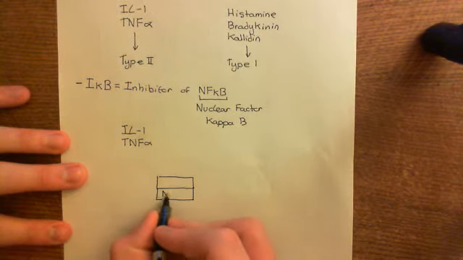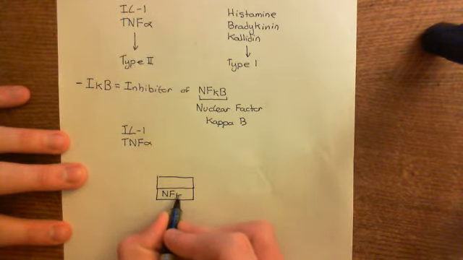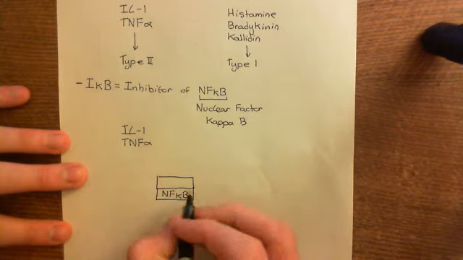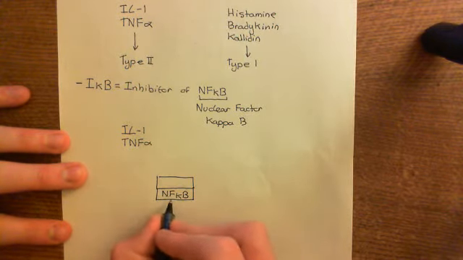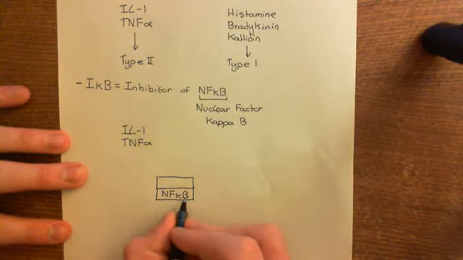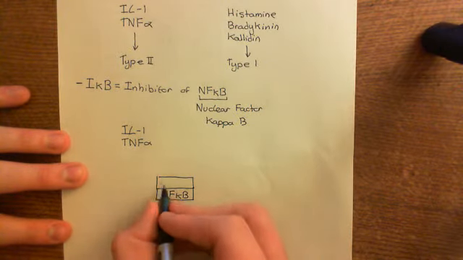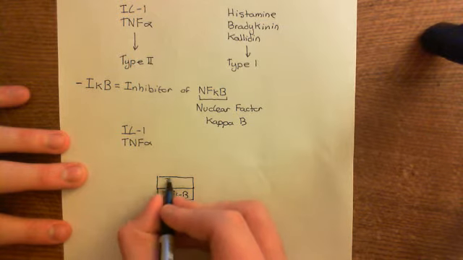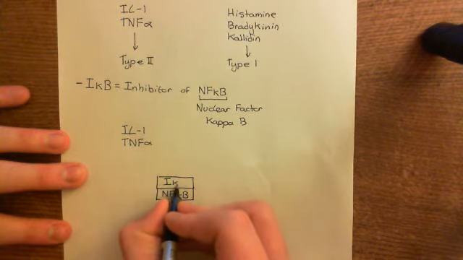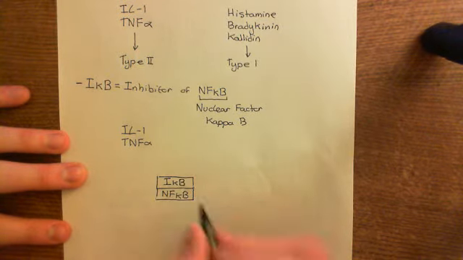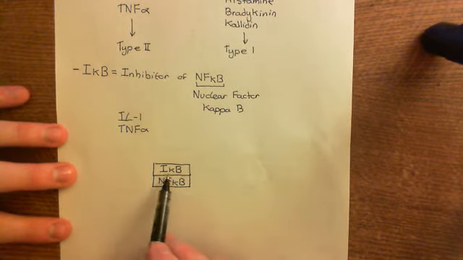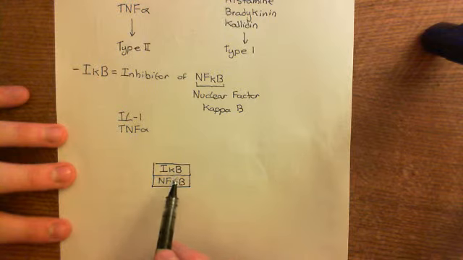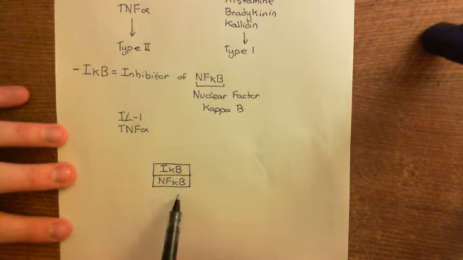So here is the NF kappa B, which is usually made up of two proteins. In fact, it's usually made up of P50 and P65, but we won't worry about that. It doesn't matter for our purposes. Usually this nuclear factor kappa B is bound to the inhibitor of NF kappa B, and the inhibitor keeps it in the cytoplasm and stops it from going into the nucleus.